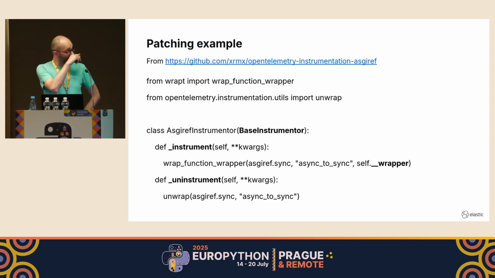I provide a couple of examples. The first one is from a demo from another talk I did some time ago. We won't go into much detail, but wrapt provides a wrapper function where we provide the module to patch, and in this case the function to patch, and we just need to provide our own implementation.